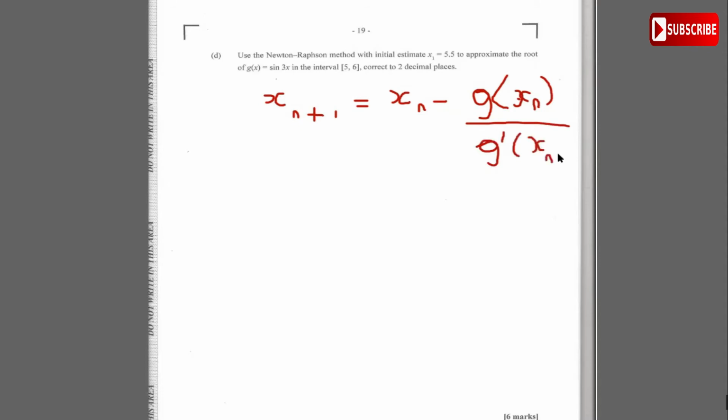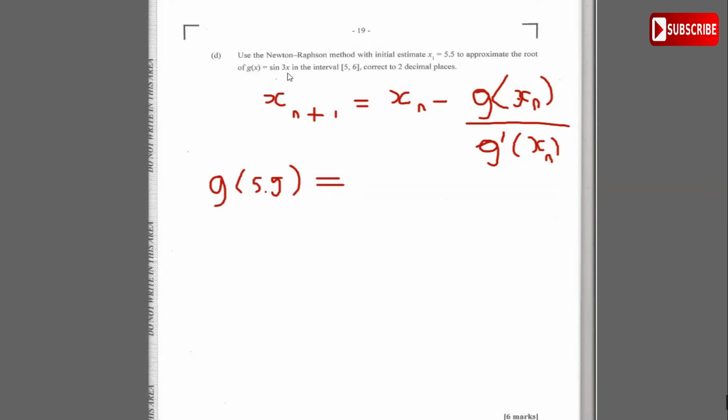Nice and easy. So now let's go ahead and proceed to do this question. Since we're using 5.5 as an estimate, let's find out what is g of 5.5. G of 5.5 will be equal to substituting x as 5.5.